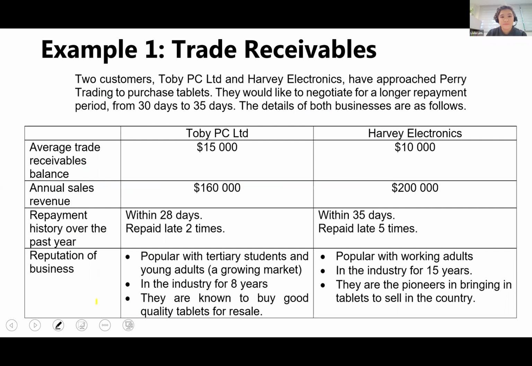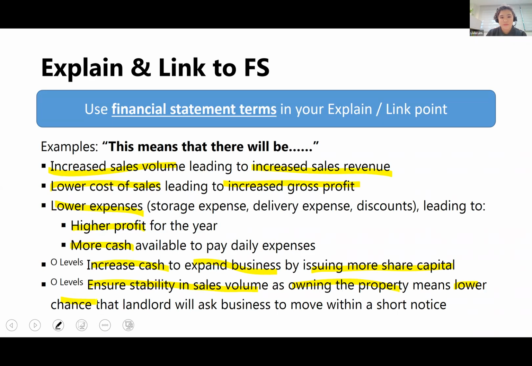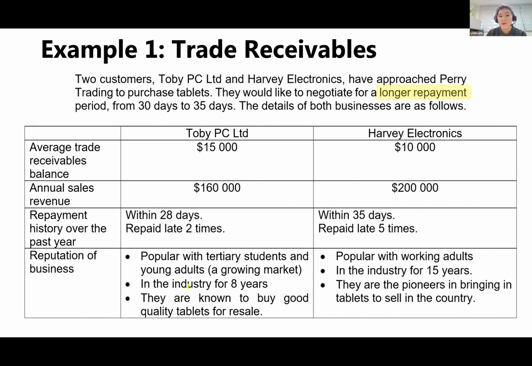So there are 2 customers, Tony PC Limited and Harvey Electronics, and they would like to negotiate for a longer repayment period. They want to extend the repayment period from 30 days to 35 days. These are some of the information: average trade receivables, annual sales volume, repayment history, and reputation of business.